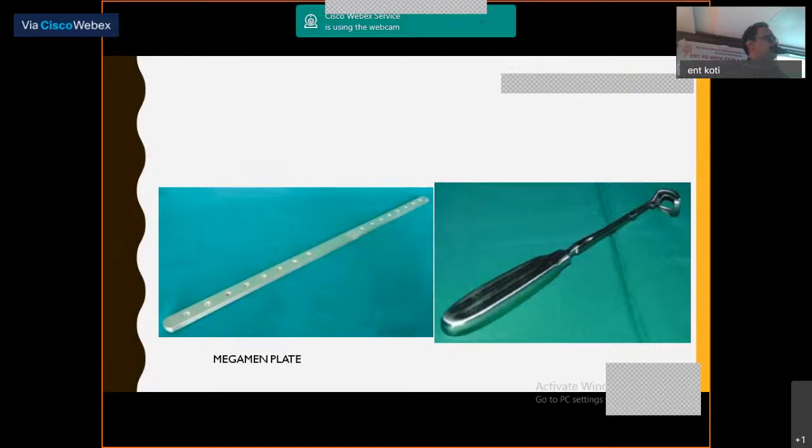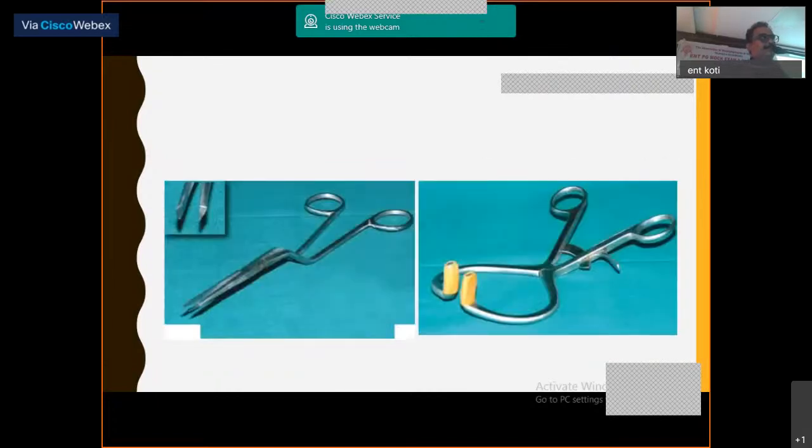It's like they are taking classes for undergraduates. Ligature plate and separate Thompson. This one. You can see that one. Sinclair Thompson's Quinsy forceps. This is Ryan's mouth gag.